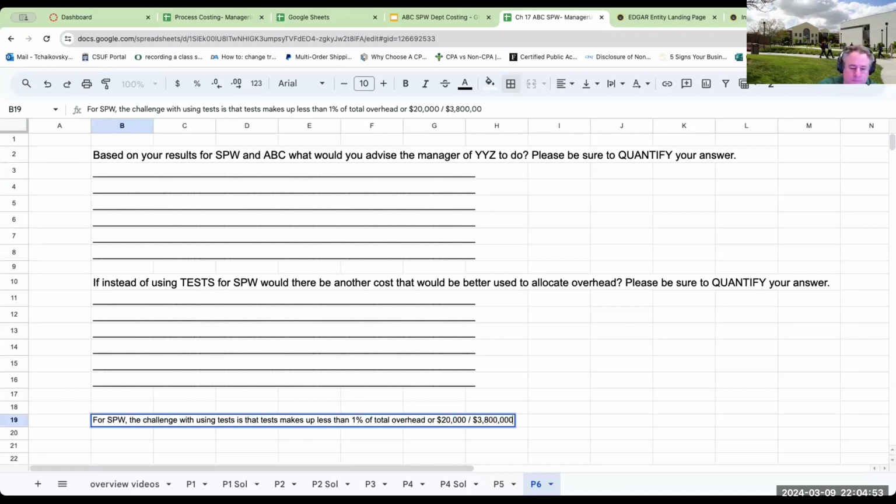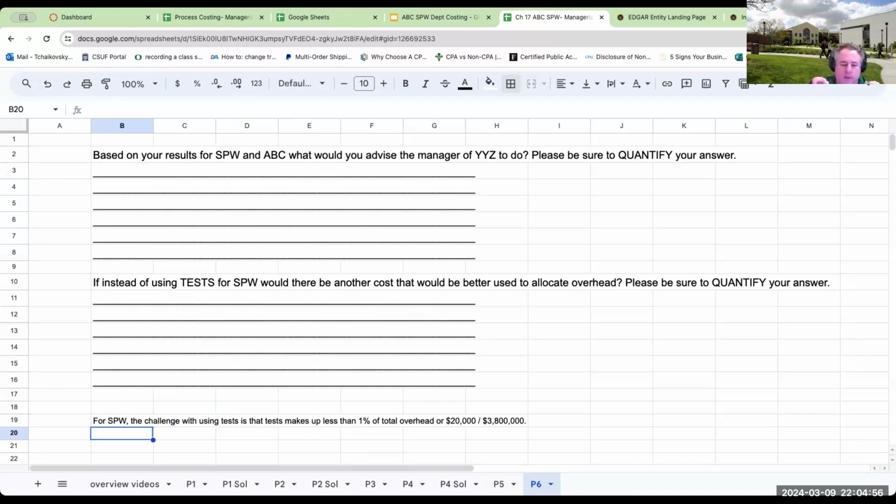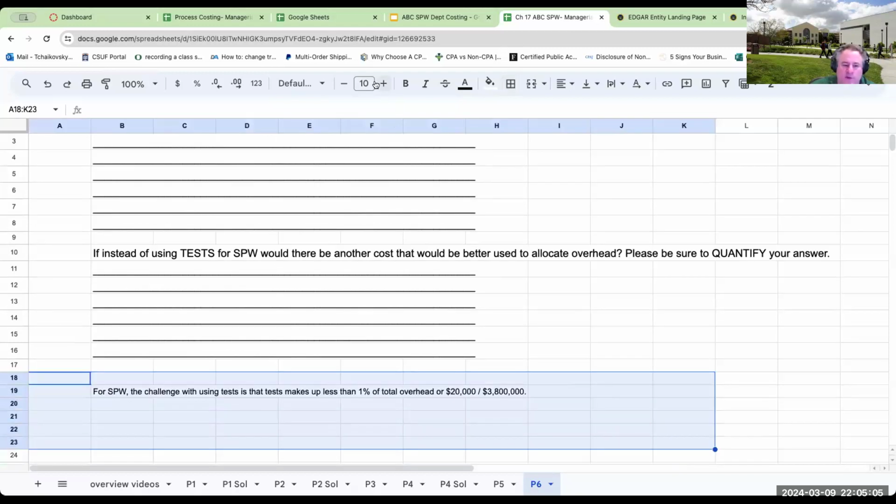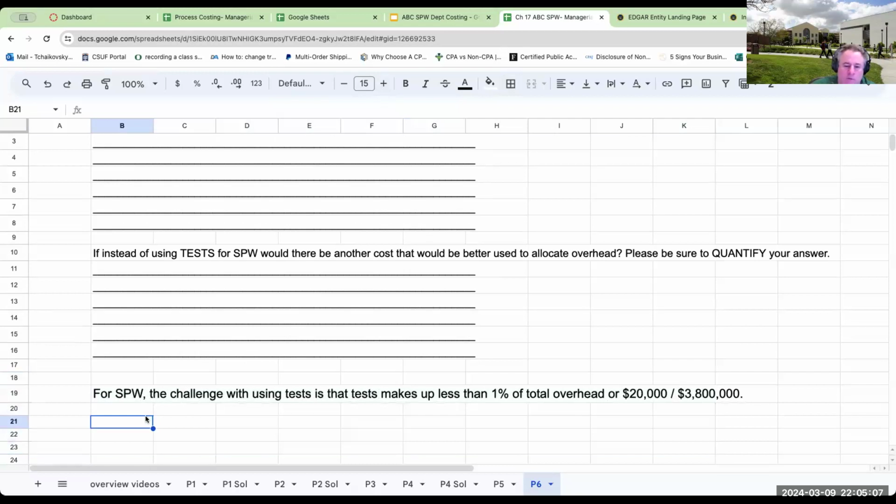Many of my students make the big mistake when they're giving an analysis: you have to quantify it. We need to let our numbers do the talking, right?